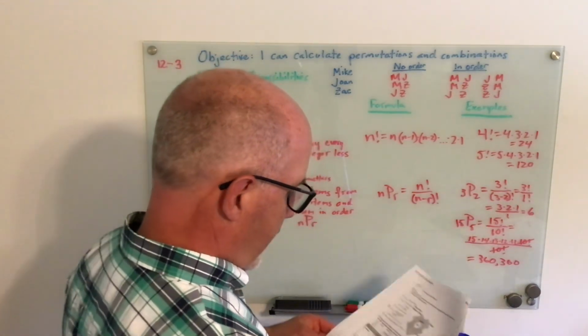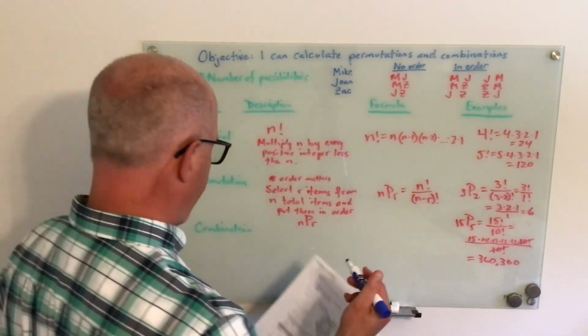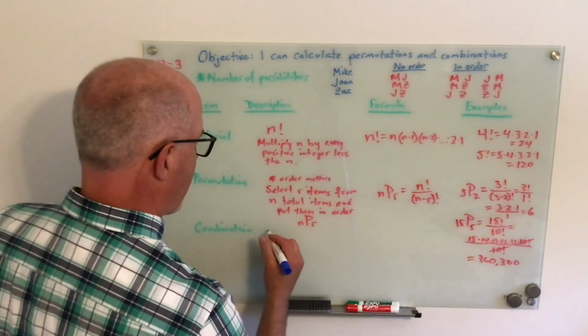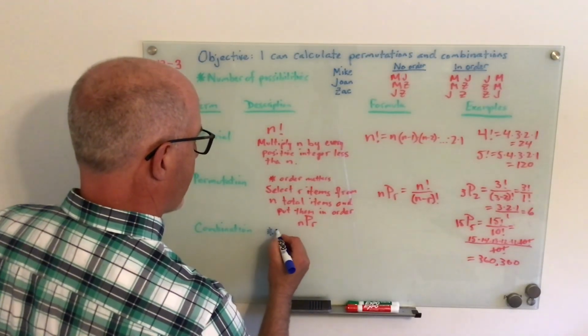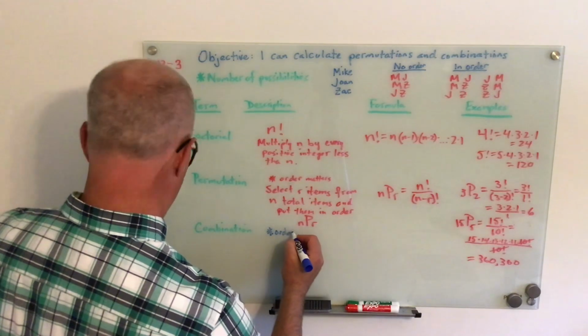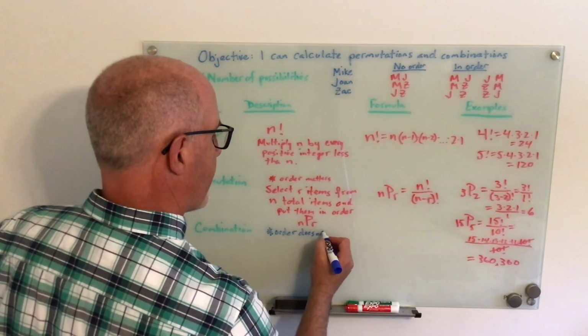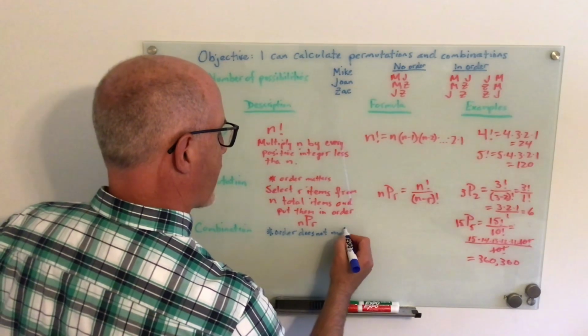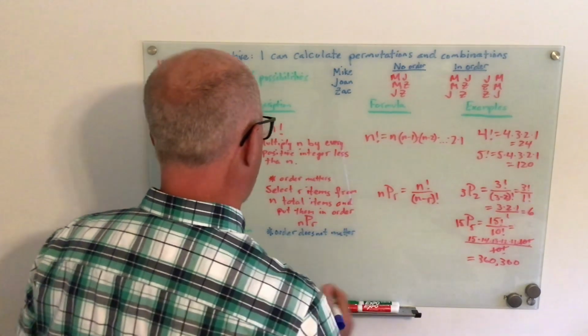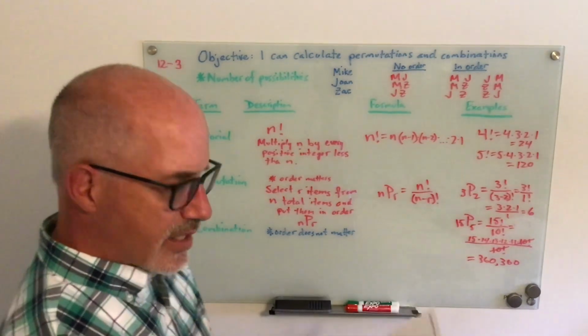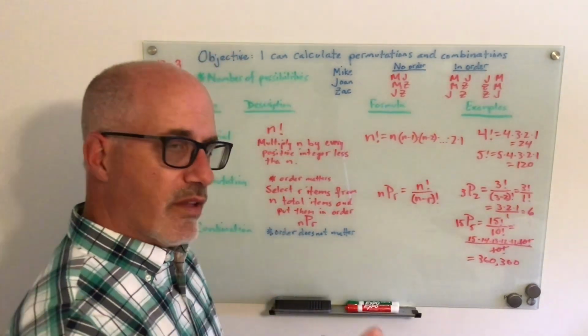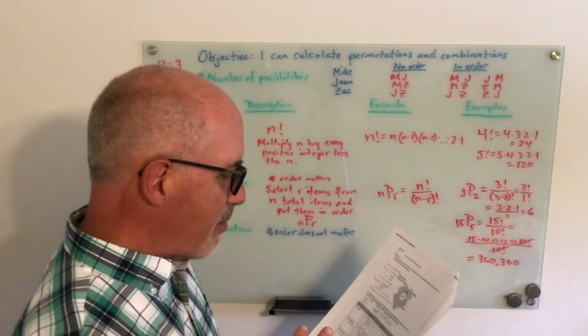All right, so here, for this one, order does not matter. That's for combinations. Here we're going to select our items from a total of n and put them in any order.